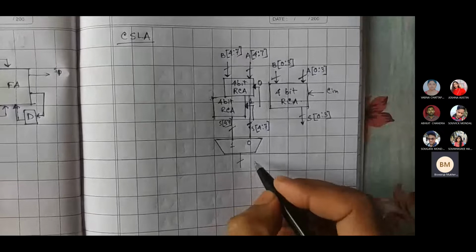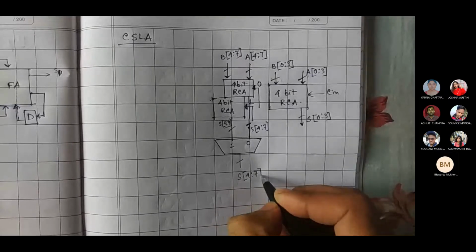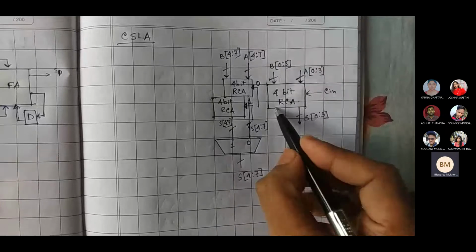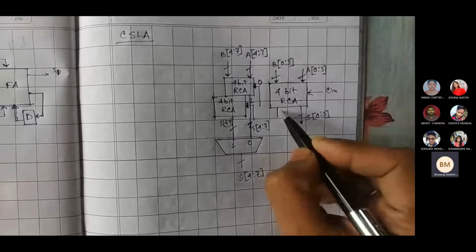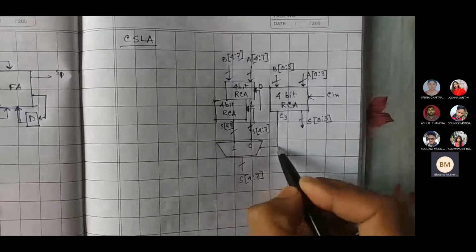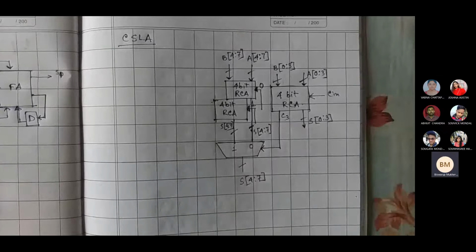Finally, we have the bus of output, 4 to 7. Now, how are we selecting that? We are taking C3 out. C3 is coming here as the select line right over there.